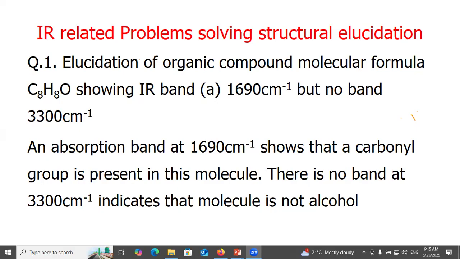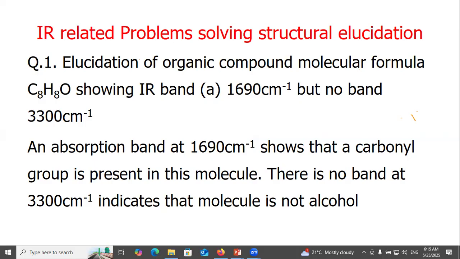Molecular formula C8H8O, showing the IR band at 1590 per cm, but no band at 3300 per cm.